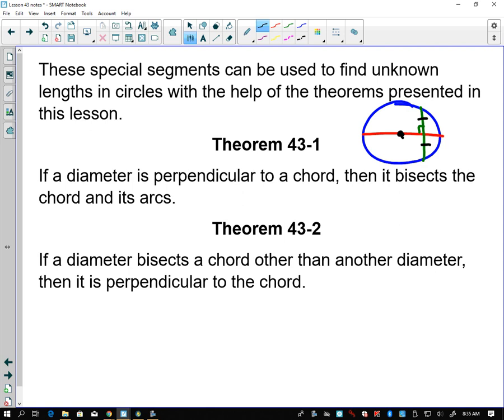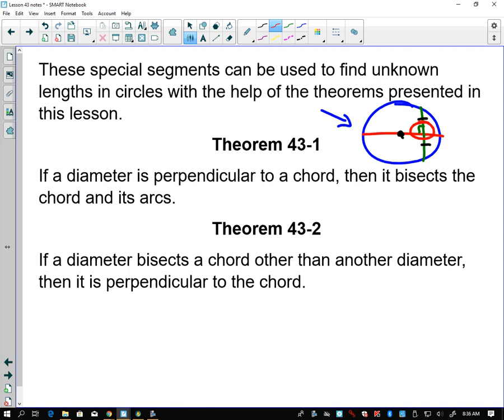Yes, hopefully. Well, then the exact opposite is true. If they showed me something similar to this, except all they showed me was that here's a diameter and here's a chord and it's been bisected into two congruent parts, then I know that this is a right angle.